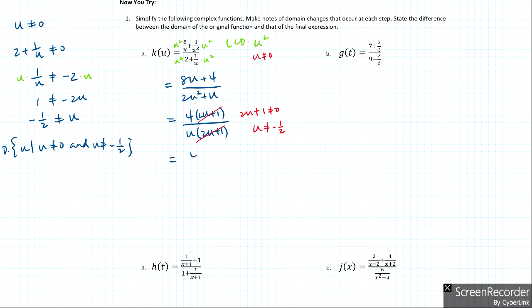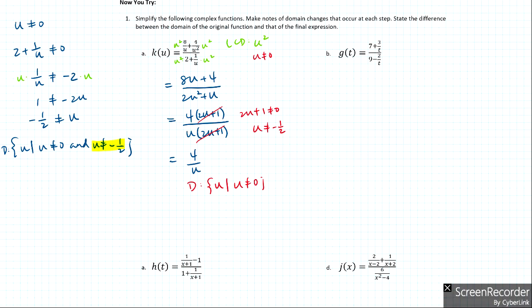And then we're left with 4 over u. And for the final expression, the domain is going to be u doesn't equal 0 as a result. So the change occurred for u doesn't equal negative 1/2, which we saw that we need to use in order to do the cancellation.